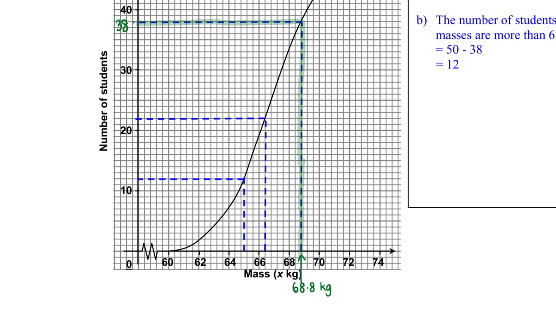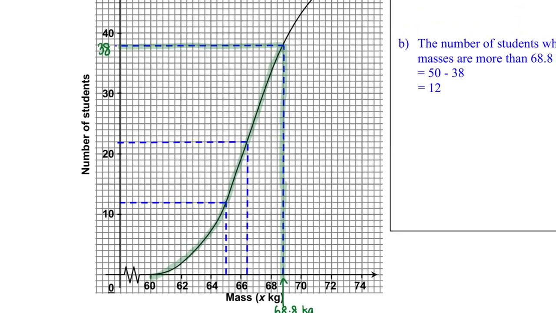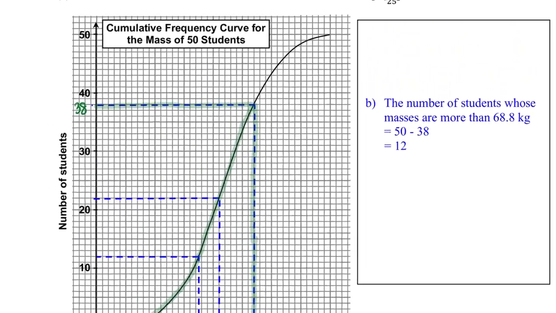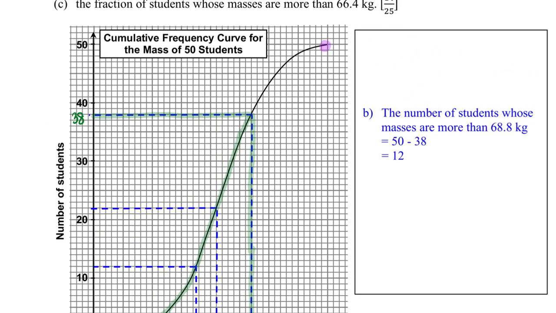So I now know there are 38 of them where the mass is less than 68.8. I know that the total number is 50. So what do you suggest we do with these two numbers, 50 and 38?